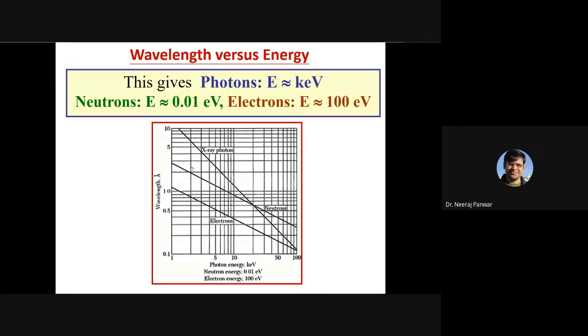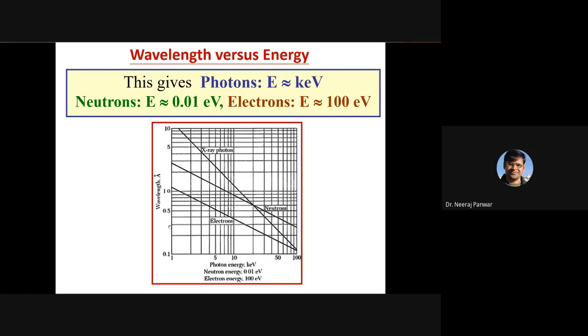This diagram has been taken from Kittel's book, and it again shows that for similar wavelengths, this is the interplanar spacing between the planes in a solid. It varies from 1 to 10 angstrom.